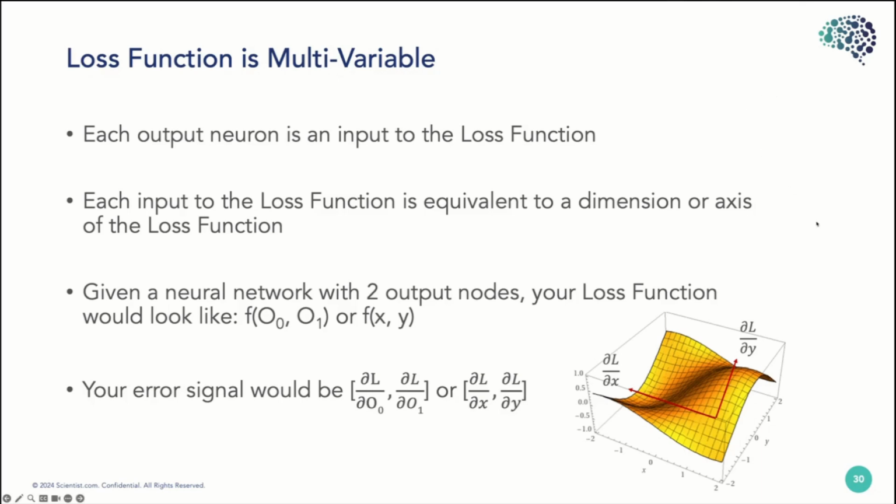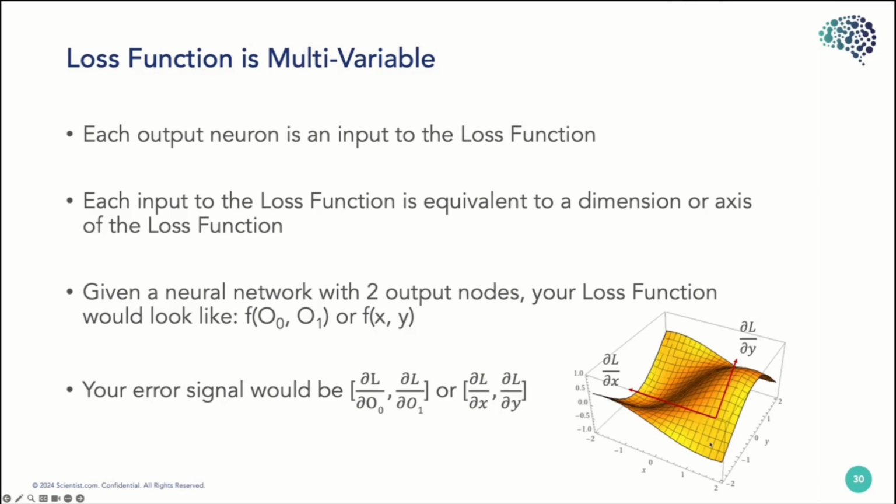If you were to draw that out, you would end up with a graph that looks something like this, right? We've got the x-axis along the bottom here. We've got the y-axis along the bottom here. For every value that your network could output, it's going to give you a loss value, and that loss is going to define a surface in this 3-dimensional space. So this surface is your loss function.